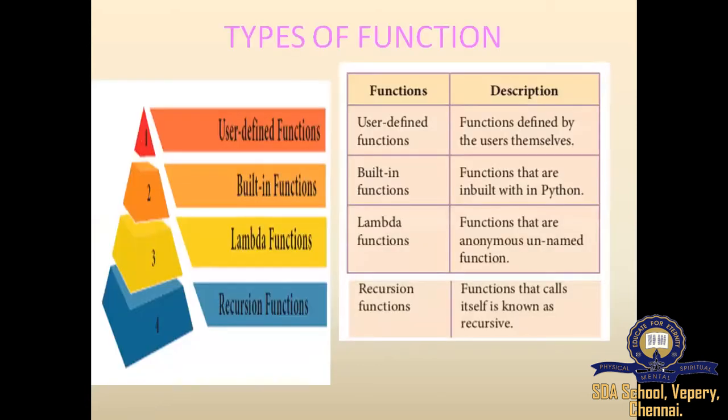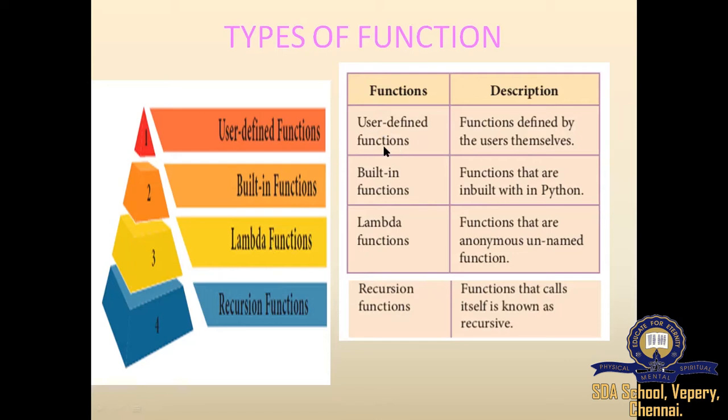Then types of function. What you are going to learn in Python is totally four. Number 1, user-defined function. Number 2, built-in function. Number 3, lambda function. Number 4, recursion function.